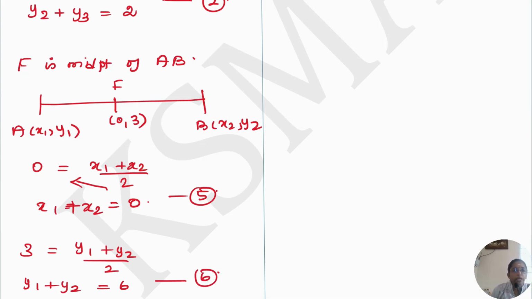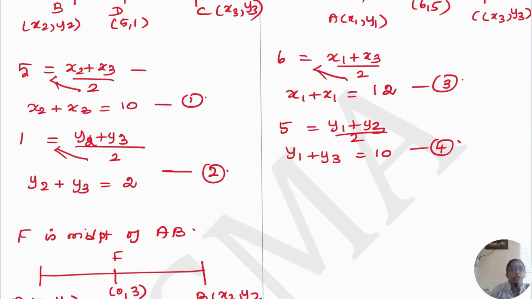So now here in equation number 5, we can take x2 is equal to minus x1, isn't it? Right side we are having 0. So x2 is equal to minus x1. Now you can substitute this value x2 equals minus x1 in your equation number 1. Look at your equation number 1.